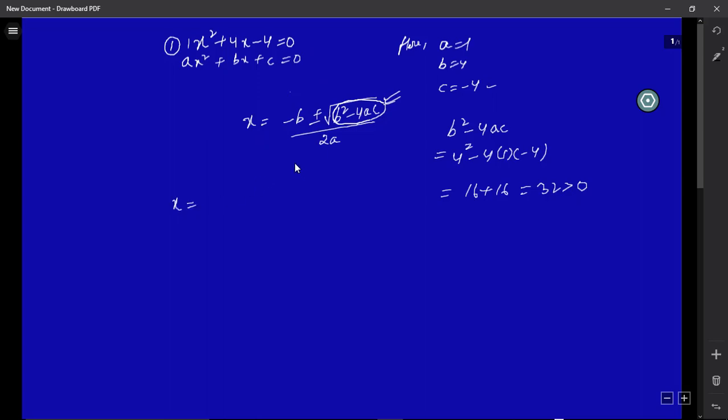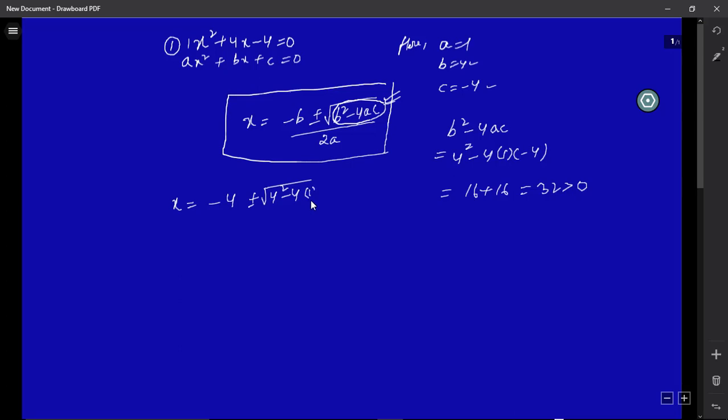Now let me substitute the a, b, c values in the quadratic formula. This is our quadratic formula: minus b plus or minus square root of b square minus 4ac, by 2a. Minus b, what is the value of b? The value of b is 4. Plus or minus square root of b square, the value of b again is 4, 4 square, minus 4.